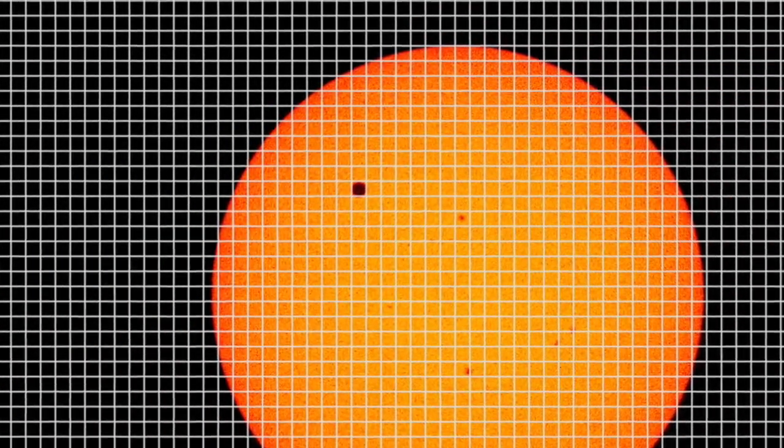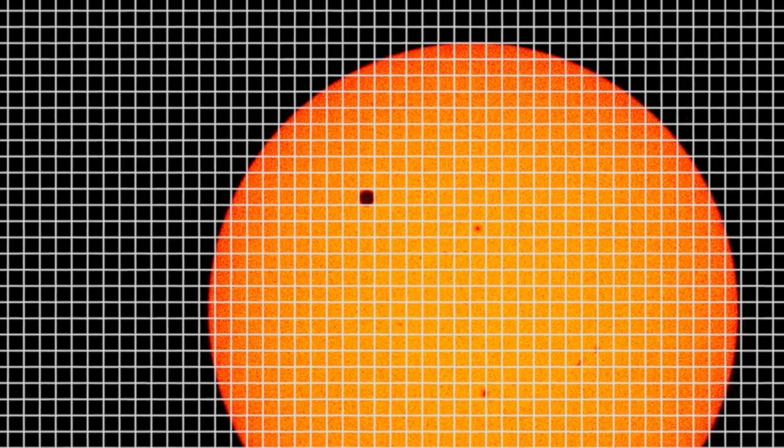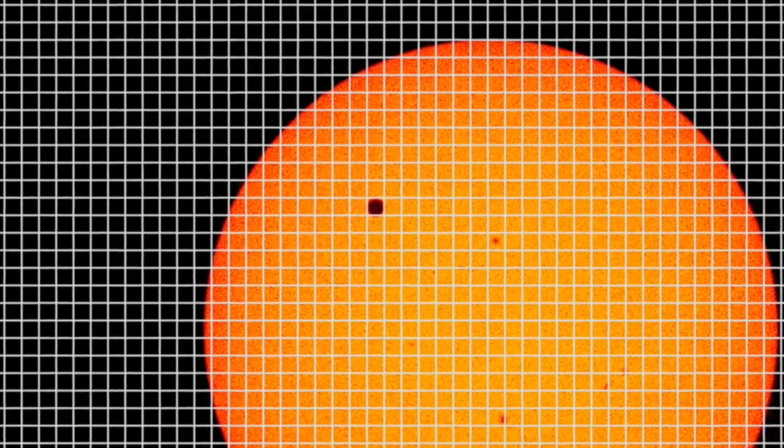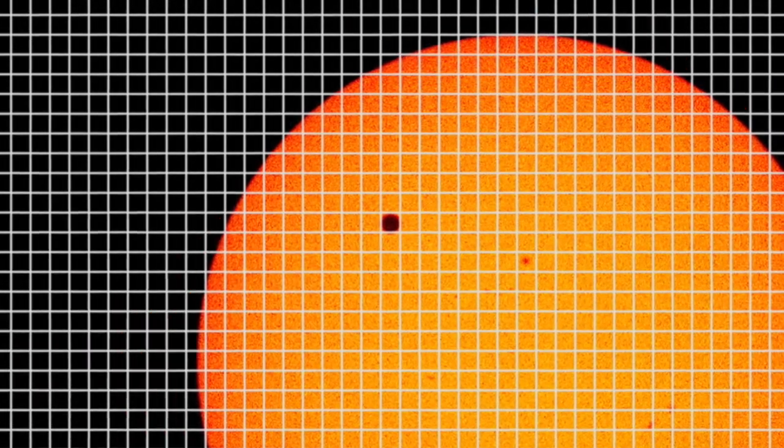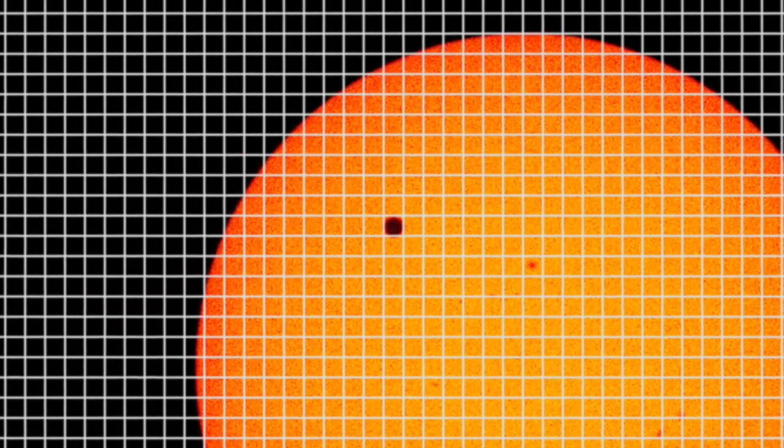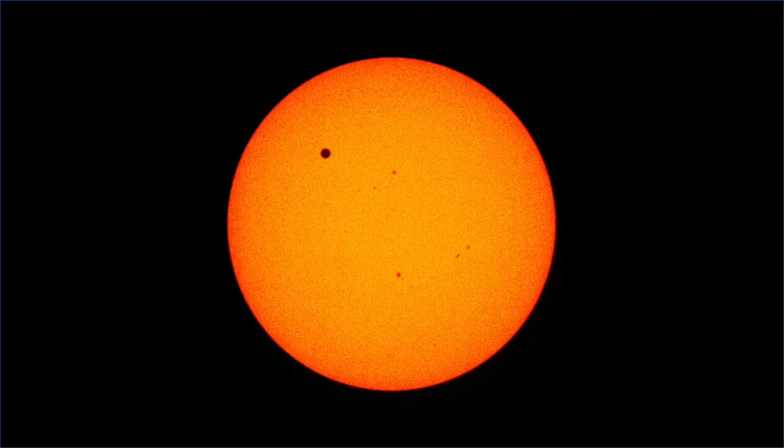It wouldn't take away too many pixels, but it would dim the star just a tiny, tiny bit when you look at the overall output of the star. This is what we call a transit, and this is a transit of Venus, and this happened in 2012.